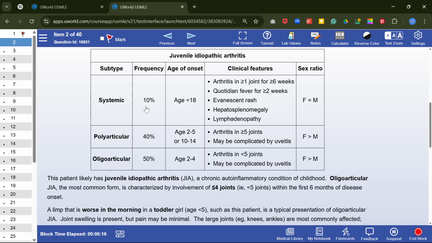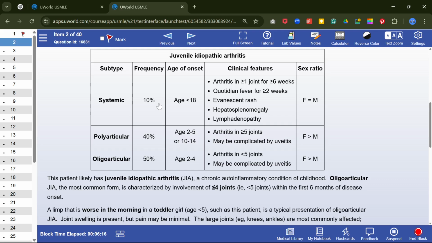Systemic JIA frequency is 10%, age of onset less than 18, arthritis in one or more joints for 6 weeks, quotidian fever for more than 2 weeks, evanescent rash, hepatosplenomegaly, and lymphadenopathy. Male-to-female ratio is equal.